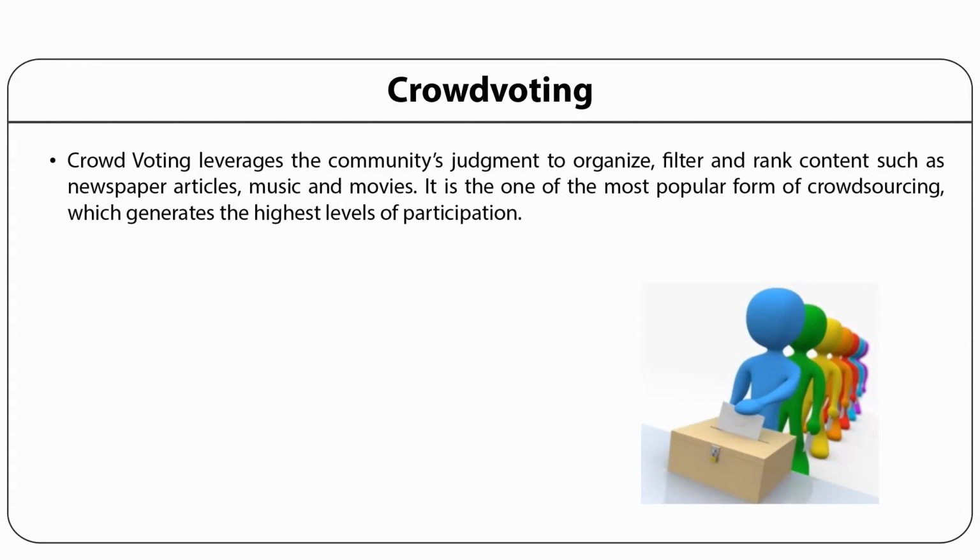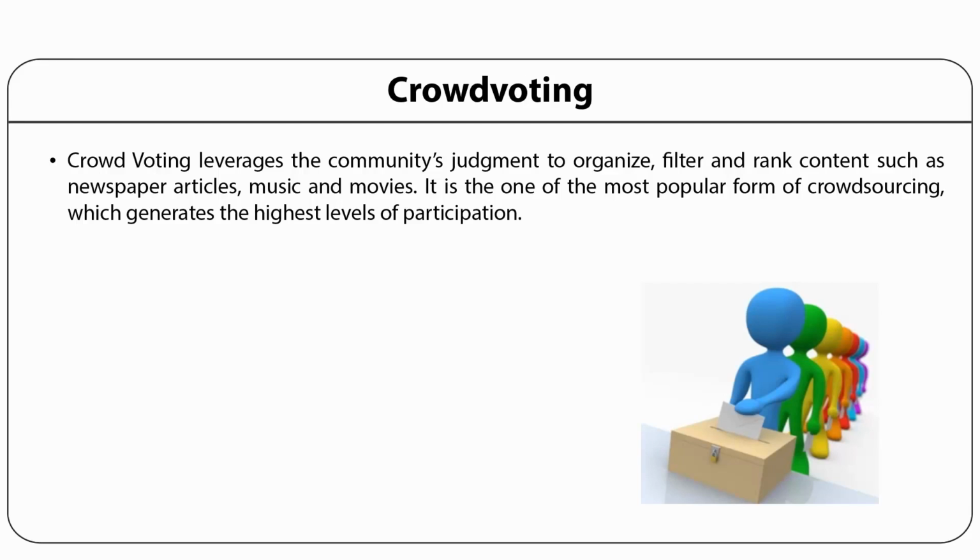Crowd voting leverages the community's judgment to organize, filter, and rank content such as newspaper articles, music, and movies. It is one of the most popular forms of crowdsourcing, which generates the highest level of participation.